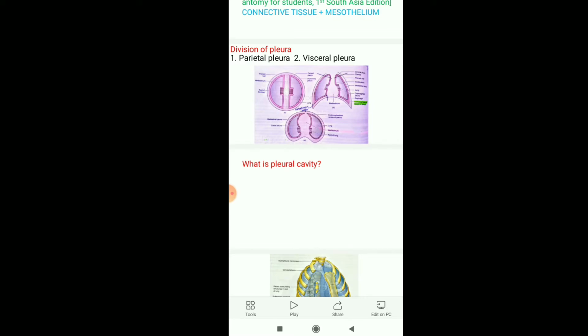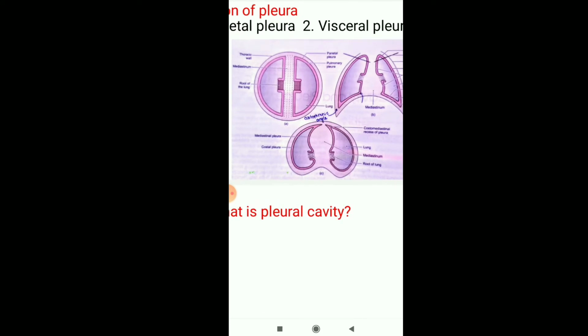So here in this diagram you see that the outer layer that I am demarcating is the parietal pleura. And the layer that is actually adherent to the lungs, its surfaces and features, is known as visceral pleura.